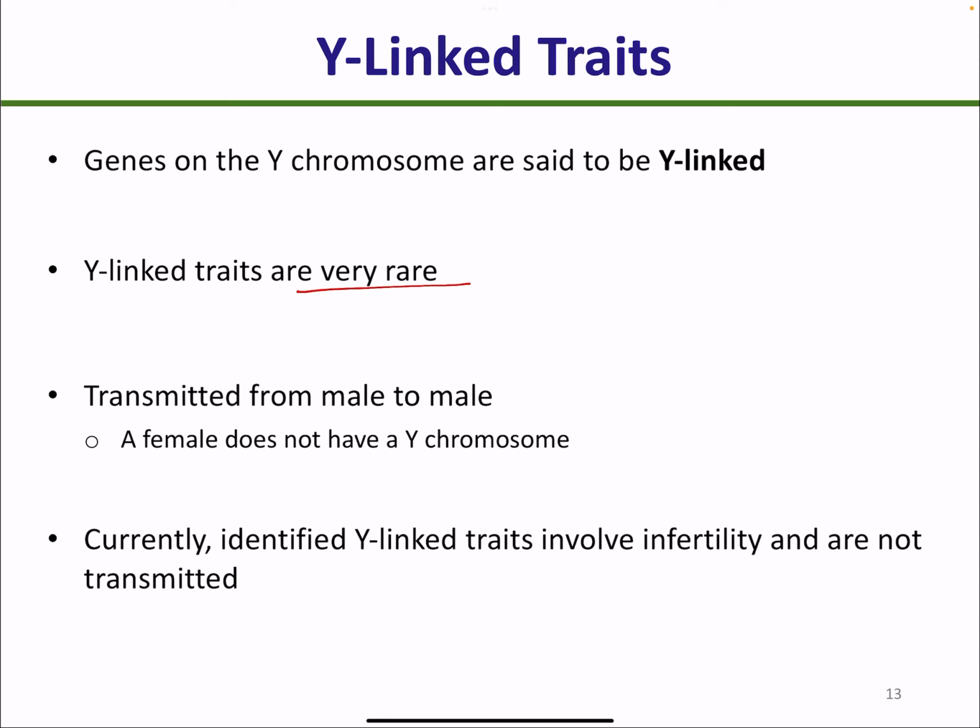To sex development. It is transmitted from male to male, okay? Because for an individual to be male, you have to have an X and a Y. When you have an X and another X, there is no way you can be a male. There is absolutely no way that individual can be a male.